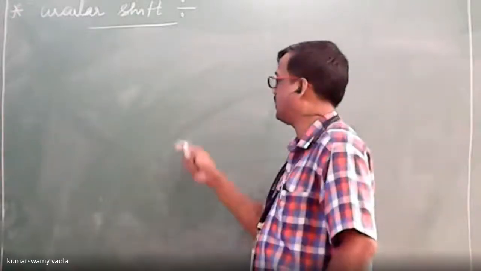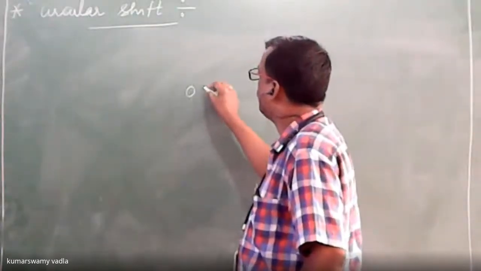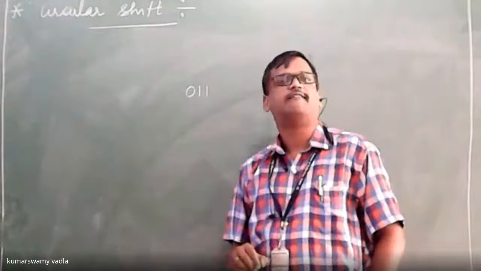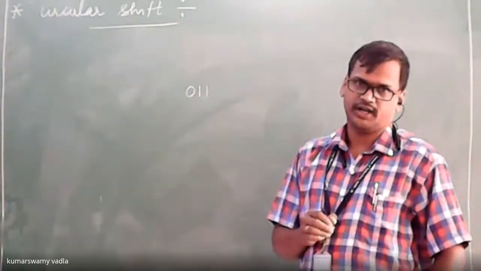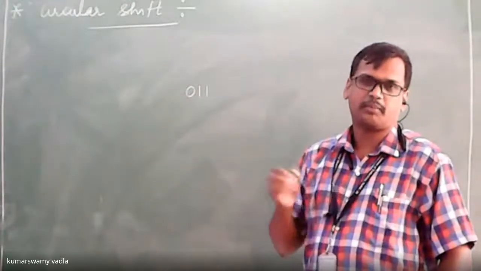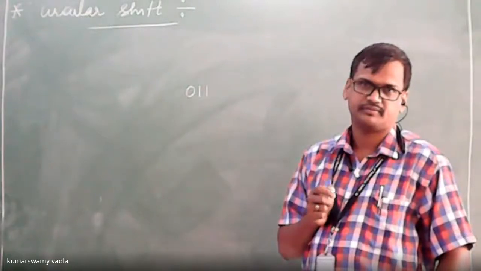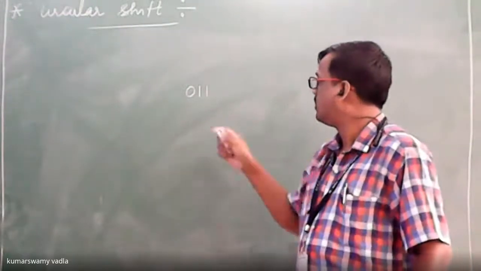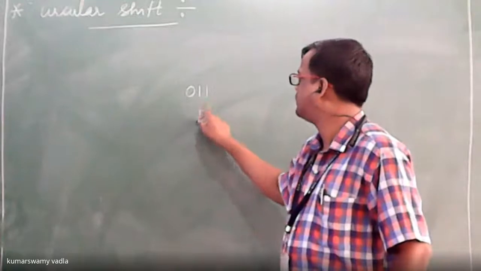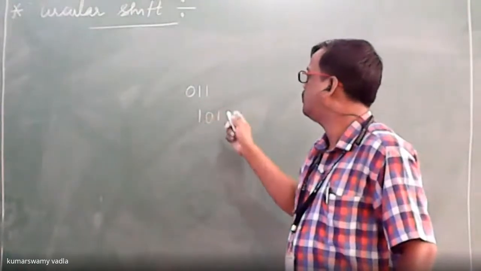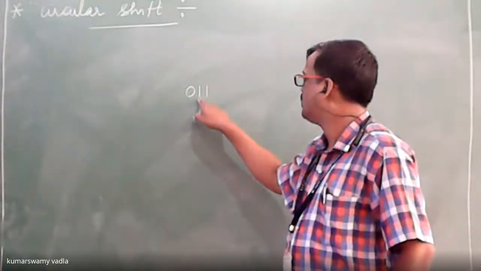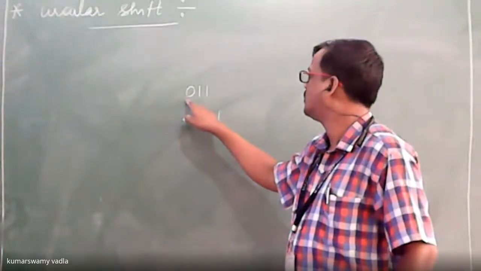Please do understand. When I write here 1, 1, if I shift it right, what happens? 101 becomes 2, then it becomes 3, then 101 left shift gives 6, right shift 1.